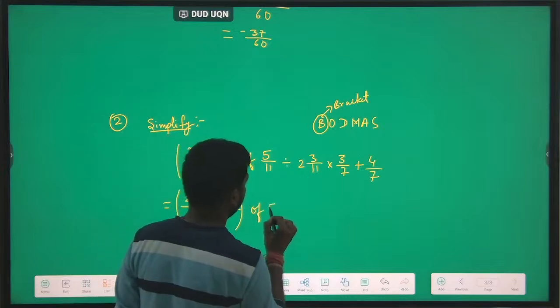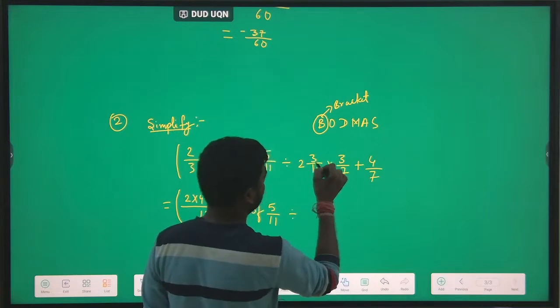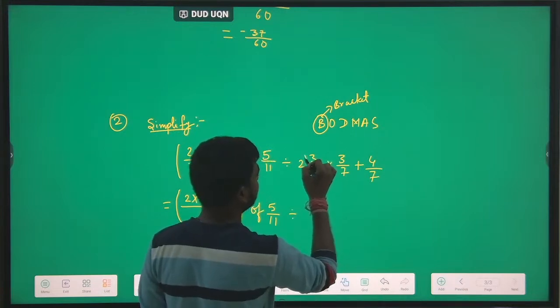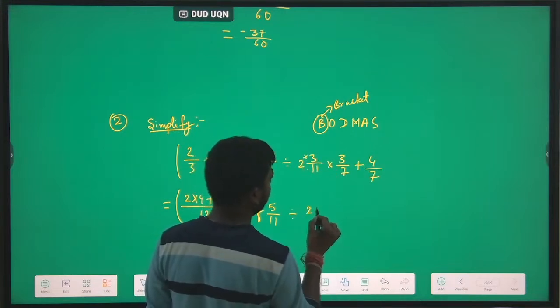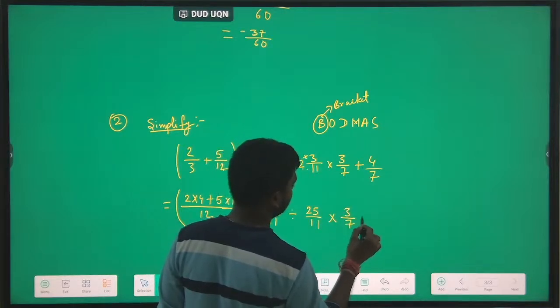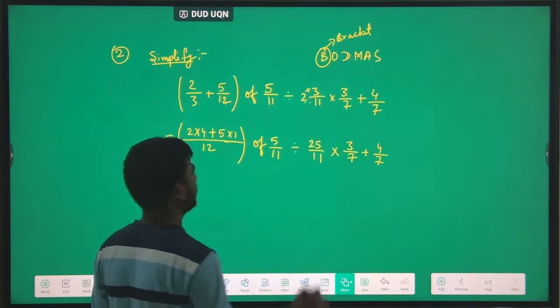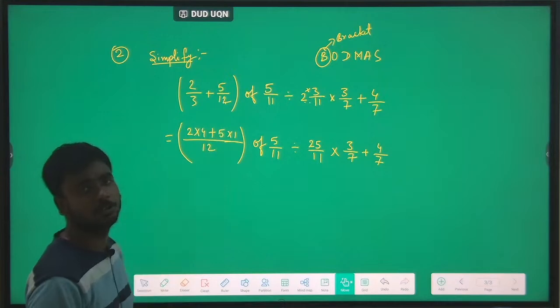Of 5/11 divided with 11 twos are 22 plus 3, so it will be 25/11 multiplied with 3/7 plus 4/7. So this is converted into this.